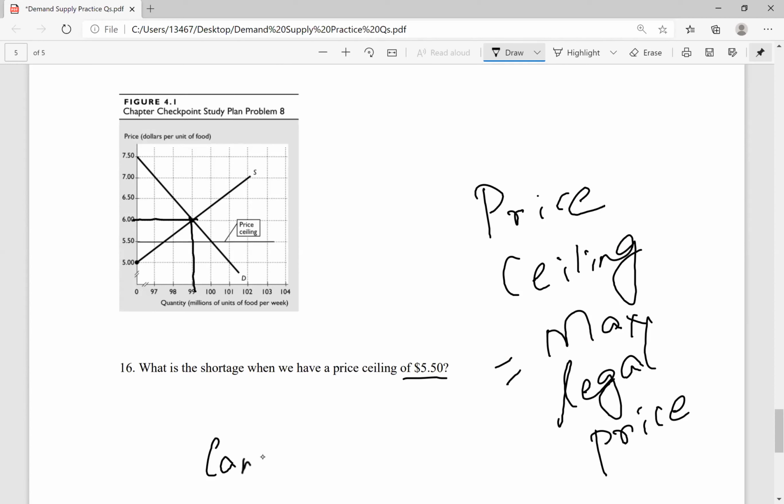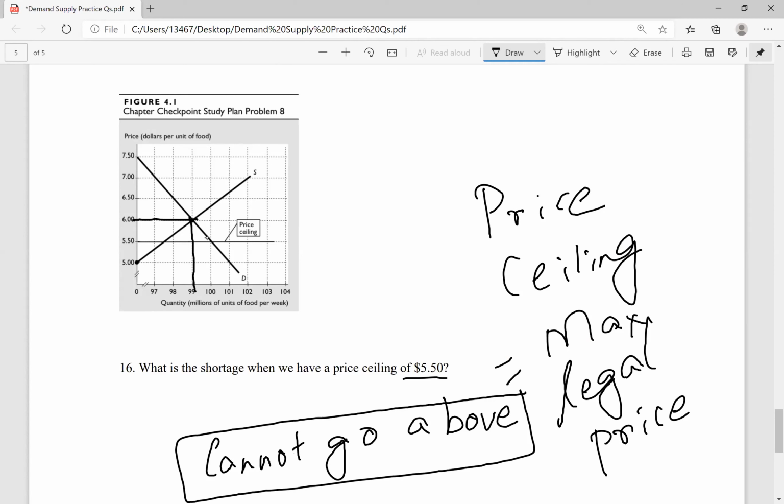You cannot go above a ceiling. Just think about the ceiling in your place of residence. All right, that means we cannot go above this $5.50 price.